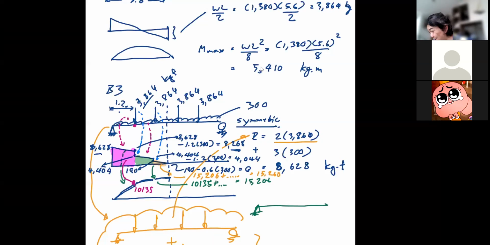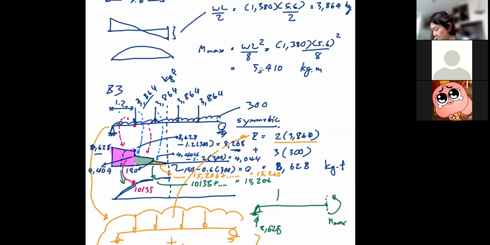Now I know my reaction is 8628. I cut the free body diagram at the half. That's where the shear is 0, isn't it? And then I have the internal moment coming in here. I know it's M max because it's at mid span.